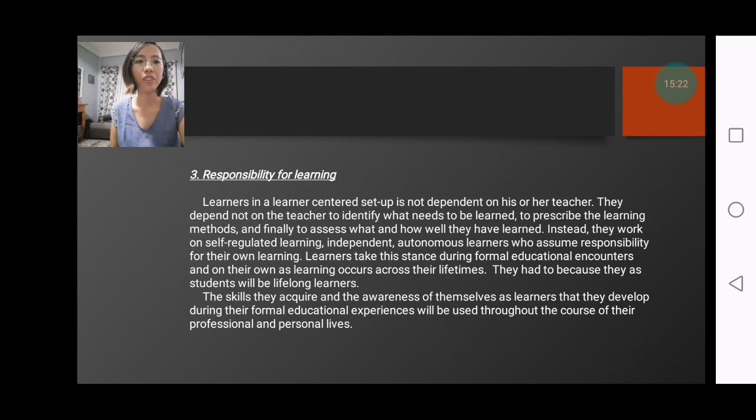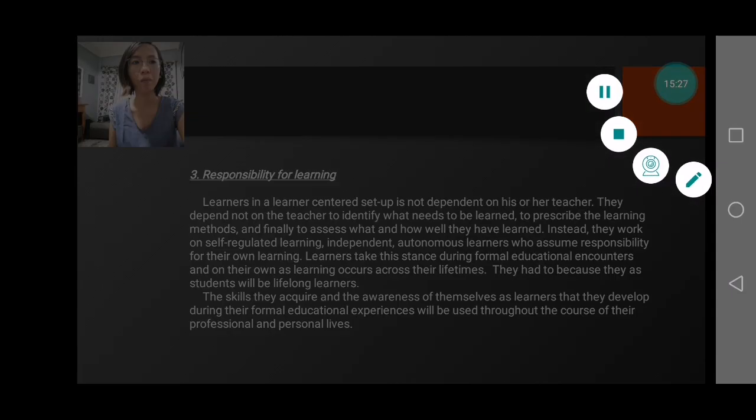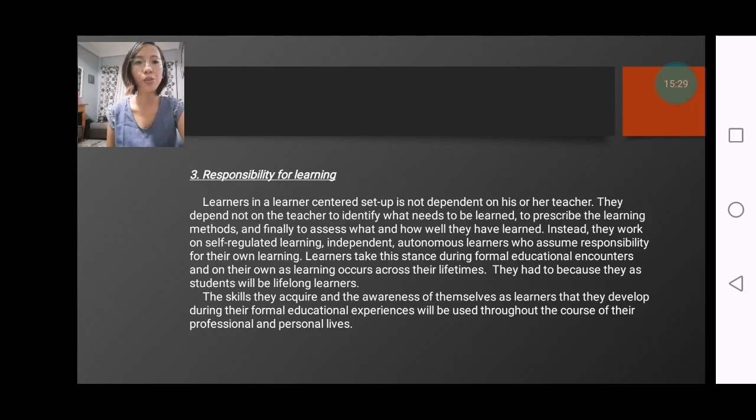And we have here the third, and that's responsibility for learning. So learners in a learner-centered setup are not dependent on his or her teacher. Remember, there's an A there, not dependent, all right? So they depend not on the teacher to identify what needs to be learned, to prescribe the teaching methods, and finally to assess what and how they have learned.